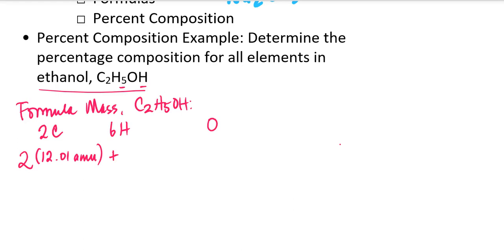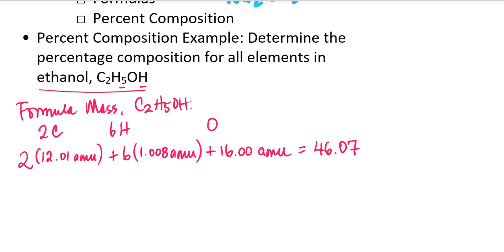I then add 6 times the atomic mass for hydrogen, which is 1.008 AMU, and then I'm going to add the atomic mass of 1 atom of oxygen, which would be 16.00 AMU. And if I add all of these terms together, then I should get a formula mass of 46.07 AMU.